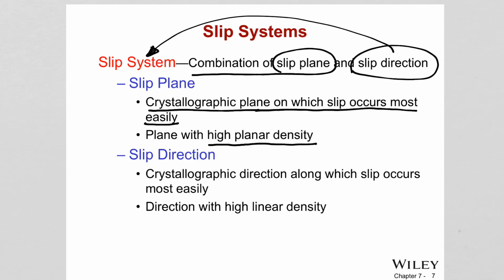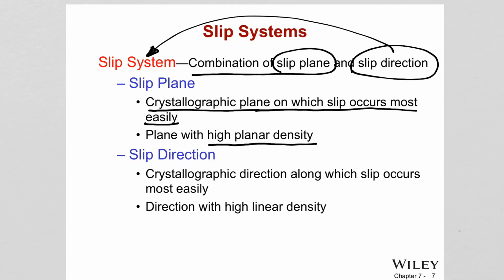So if you have planes in that structure with high planar density, most packing, those provide less distortion for a dislocation to be able to move, okay? Smooth ride. So the dislocation will prefer those slip systems in the structures.